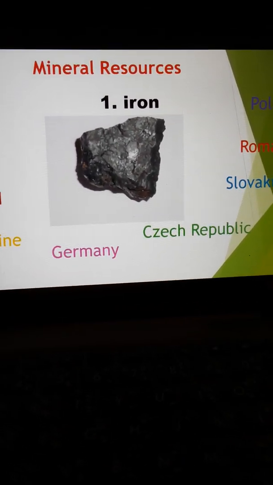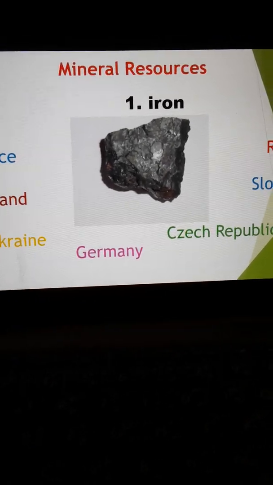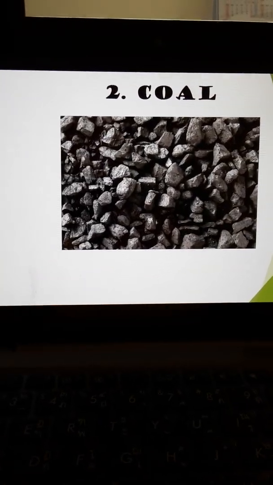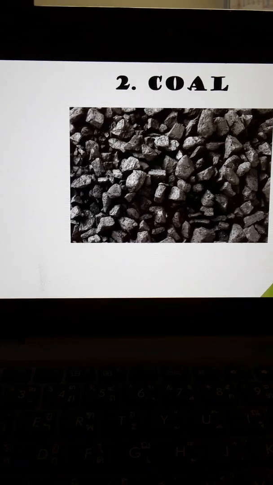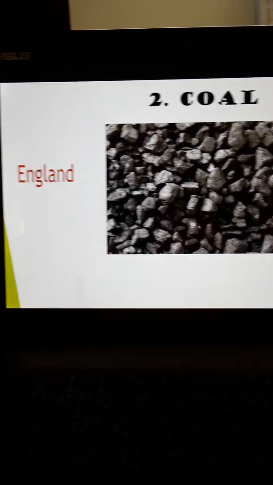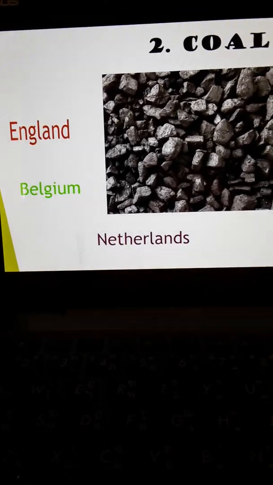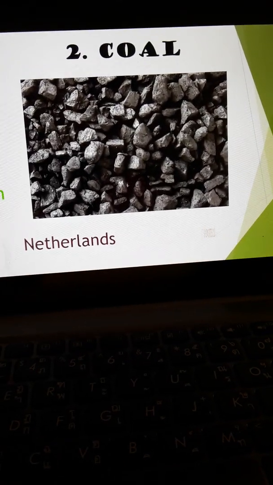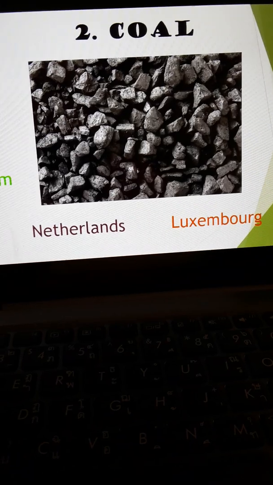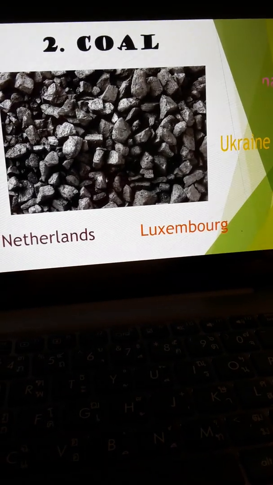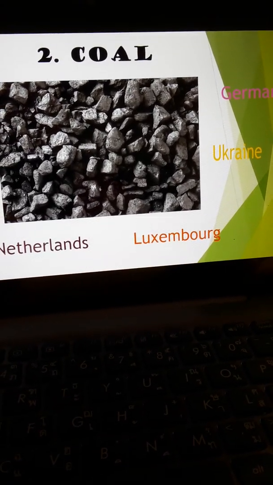So there are 9 countries with iron. Coal, which is another important mineral, is also in Europe, particularly in England, Belgium, Netherlands, Luxembourg, Ukraine, and again in Germany.